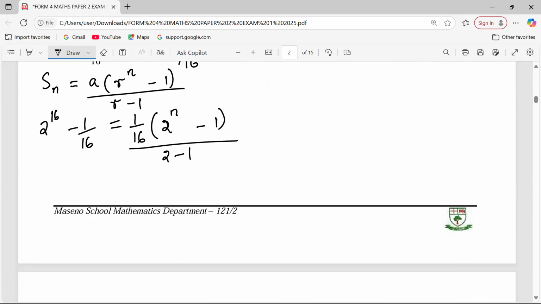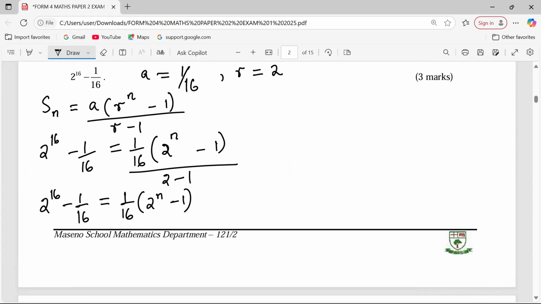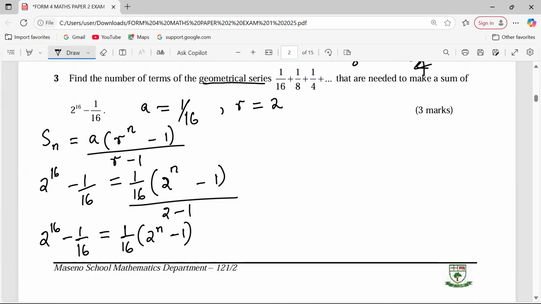Yeah. So what are we having now? 2 raised to 16 minus 1 over 16. This is equivalent to 1 over 16 into, because when we divide by 2 minus 1, which is 1, it shall remain the same.